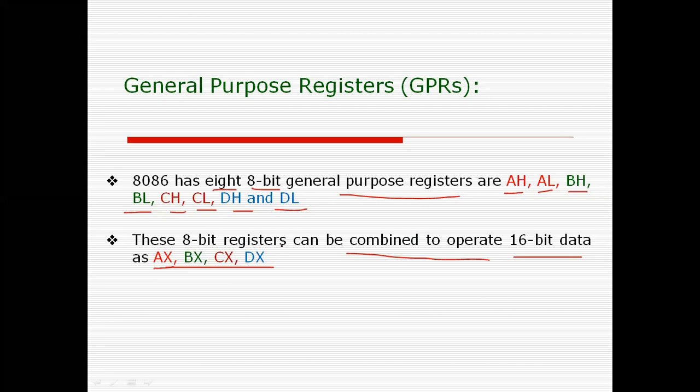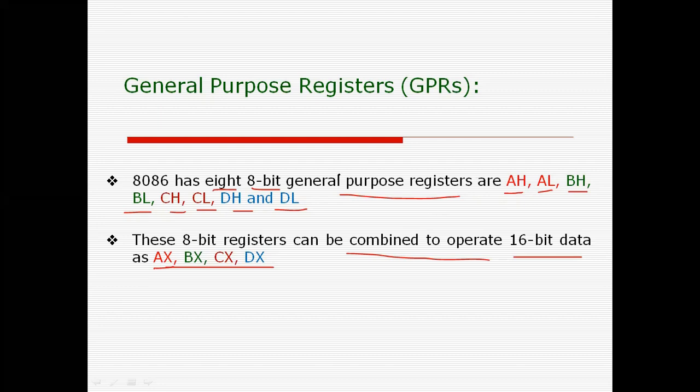So you can perform 8-bit data operations as well as 16-bit data operations. The 8086 supports both. To perform the 8-bit data operations, we can use these 8-bit registers separately, I mean individually: AH, AL, BH, BL, CH, CL, DH, DL.